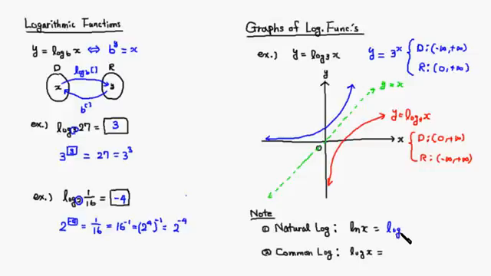If you have log to the base e of x, then its short notation is the natural log, ln of x. Sometimes you don't write the base, and then it is assumed to be 10. So log of x is actually log to the base 10 of x. This is another commonly used log, and it's called the common log.